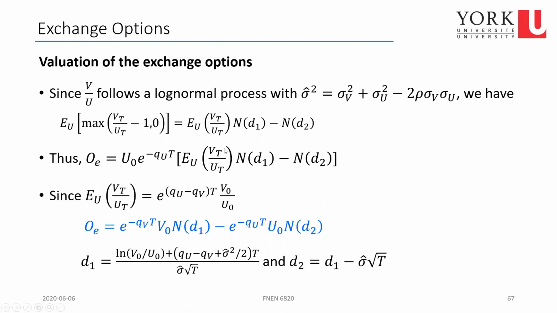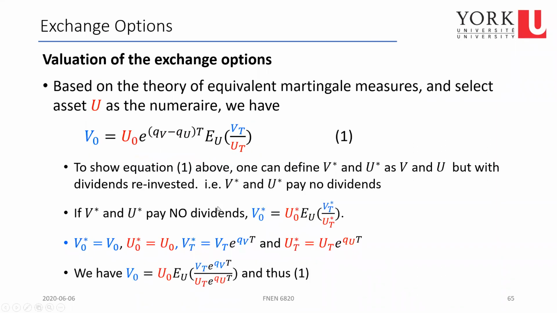If we know this thing here, then we have a closed form solution. We know the expected value of VT divided by UT is this. How do we know that? We know this condition from an earlier application of the equivalent martingale approach that we have seen.